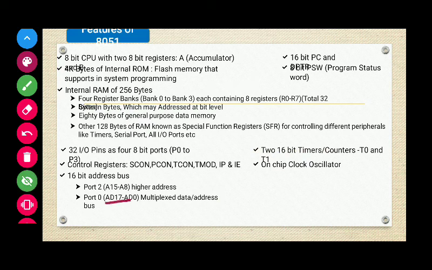It is basically a typing mistake; it should be AD7. AD0 to AD7, that is port 0, is the multiplexed address and data bus. This port 0 can be used for data as well as address.